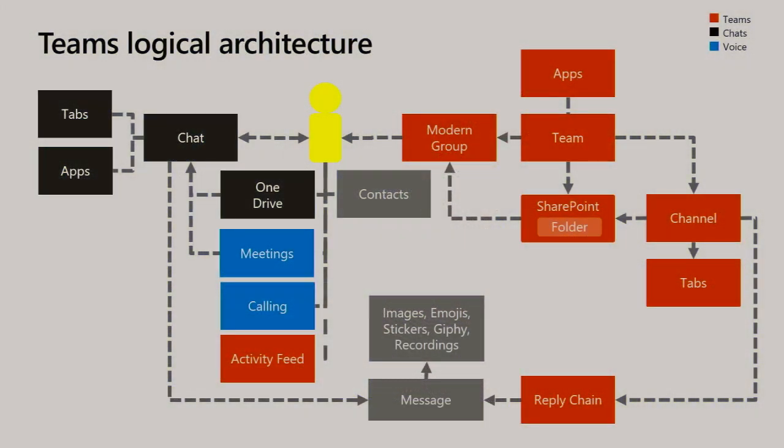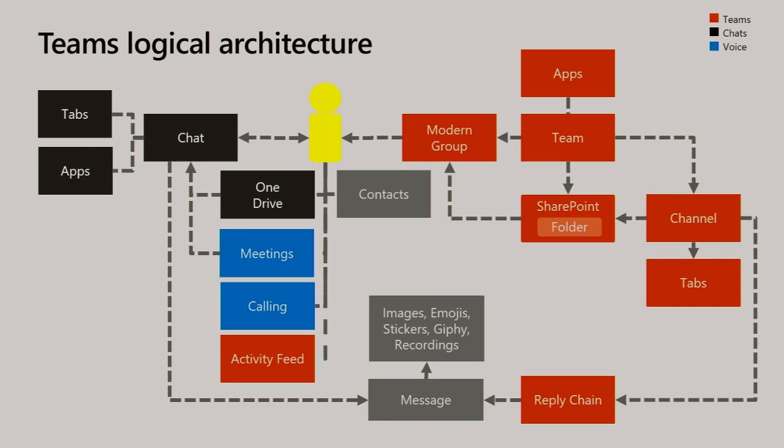If we look at the logical architecture, Teams has different components and elements that end users interact with on a day-to-day basis. If we start with the teams, teams are backed by Office 365 groups. This means that when you add and remove members from that Office 365 group, those changes are reflected in Teams as well.